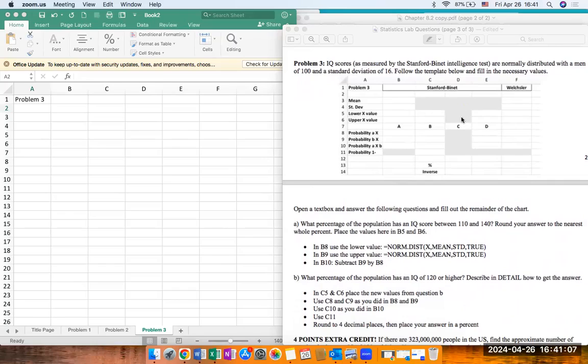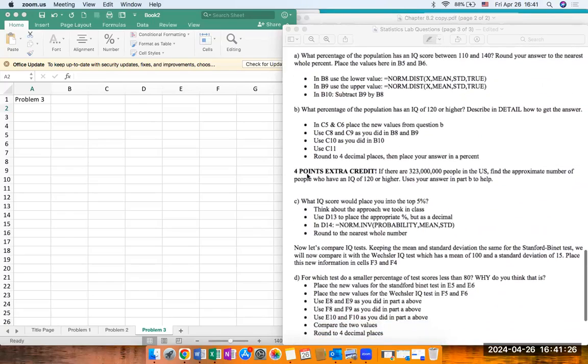So the gray you can either leave as blank or you fill it in and do not put any values in here. I will go ahead and read the question though, just to round it out. But otherwise, I'm just going to be doing the template and letting you go with the problem.